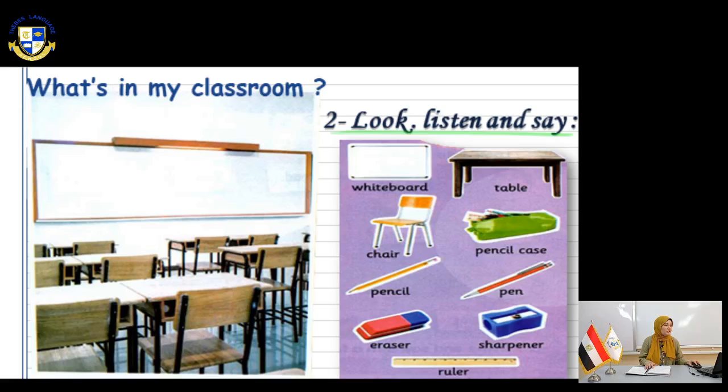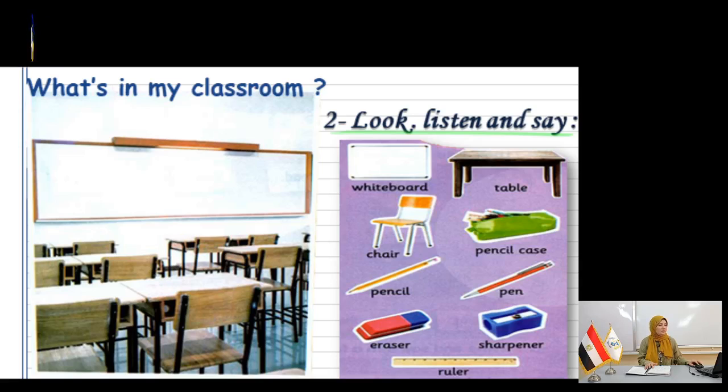The first picture is a whiteboard. The second picture, a table. Then we have a chair. Then we have a pencil case. Then a pencil.